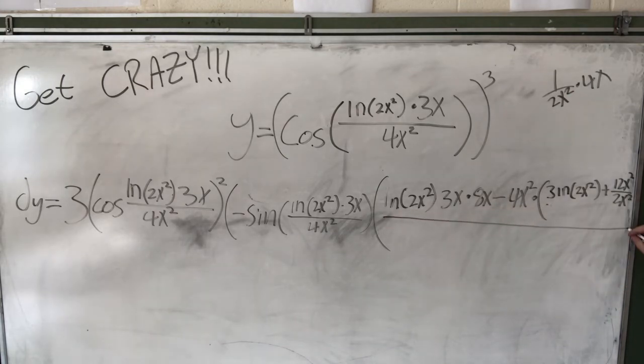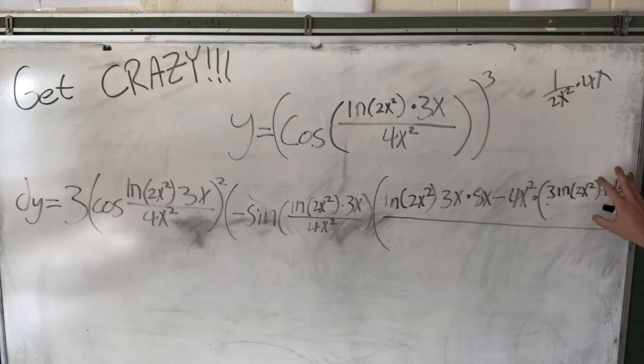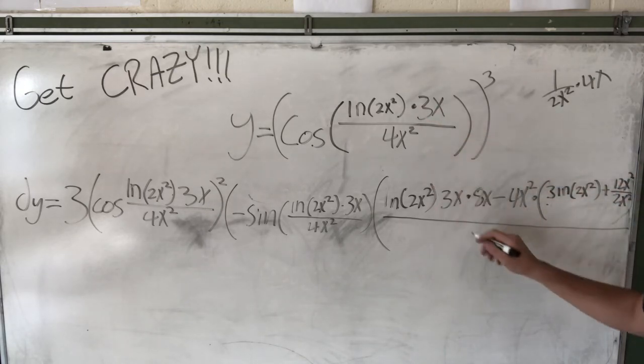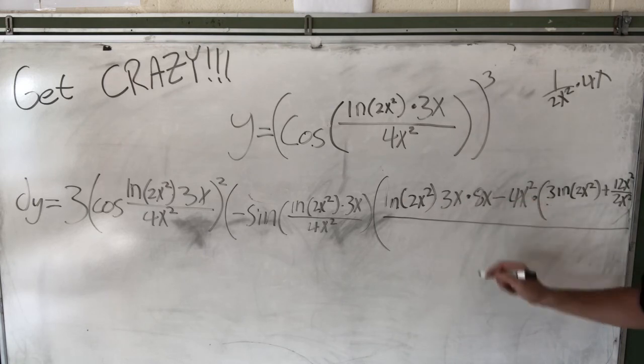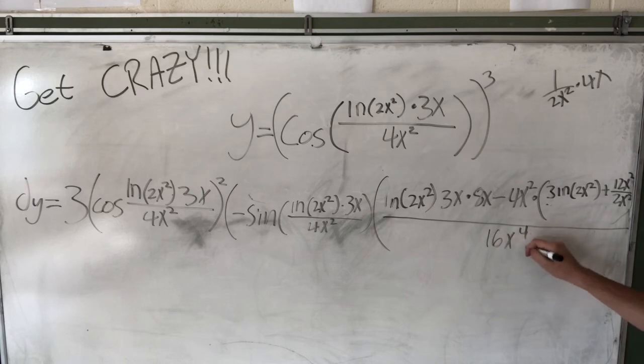All of this gets divided by, because remember, we're still doing the quotient rule. We just finished up the product rule. We still have to finish up the quotient rule, which gives me 4x squared, squared, which is 16x to the fourth, dx.